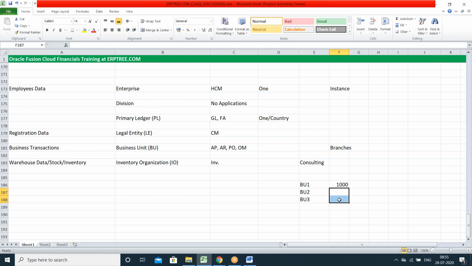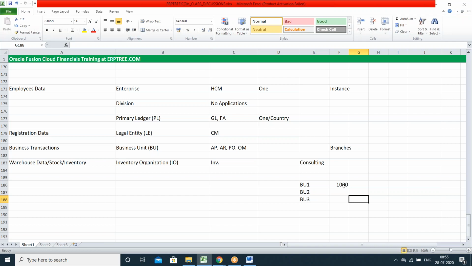When you do this within the subledger application, that is fine, because you are recording the transaction with the combination of BU1 and 1,000. With this combination, you can find out how many transactions you did. With the combination of BU2 and 1,000, you can find out how many transactions you did. With BU3 and 1,000, you can find out how many transactions were recorded in the subledger applications.